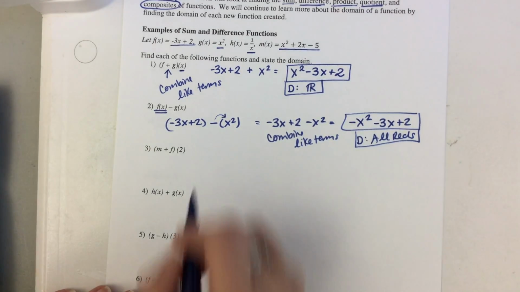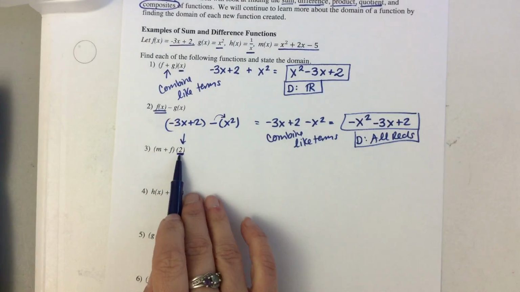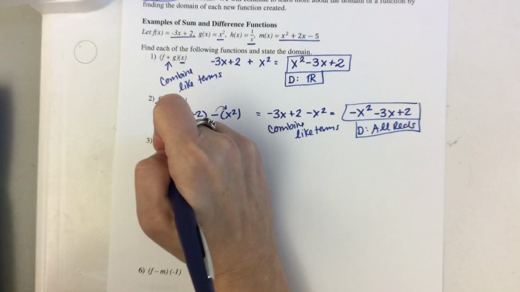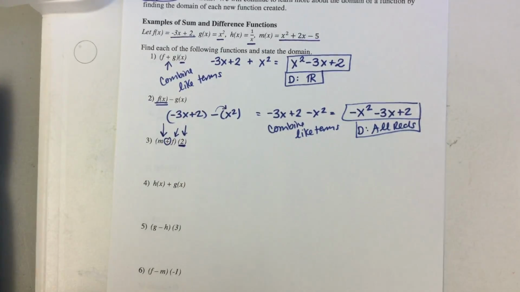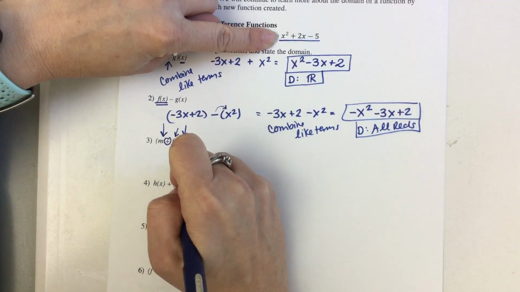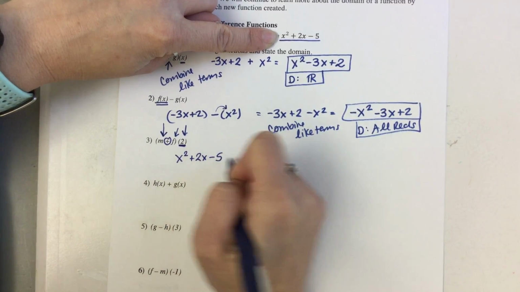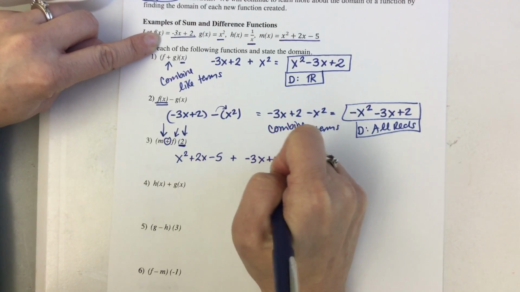Okay, next one. Now this time, notice that they have a number here. And I'm going to show you what that number means as soon as we find the new function. So I take the m function and I add it to the f function. So m, x squared plus 2x minus 5, add it to f. Negative 3x plus 2.